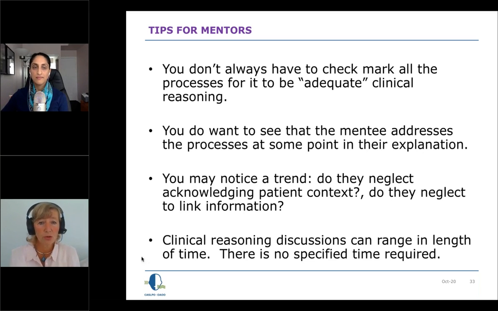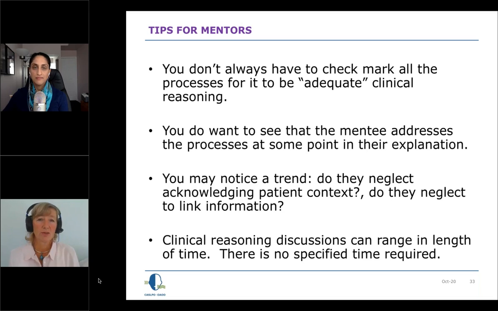Again, this isn't that you have to score this. So you don't always have to use the check marks for all the processes in each individual box with the questions for it to be an adequate clinical reasoning. However, you do want to see that the mentee addresses those processes at least somewhere in the explanation.